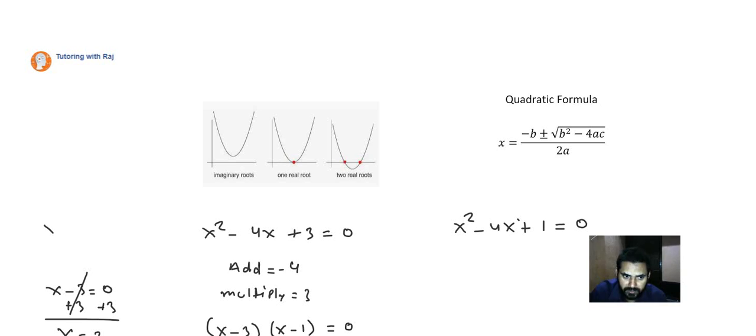Similarly, we can do the same for the other one: x minus 1 equals 0. If we add 1 on both sides, we get x equals 1. So the final solution for this one is x equals 3 and x equals 1.